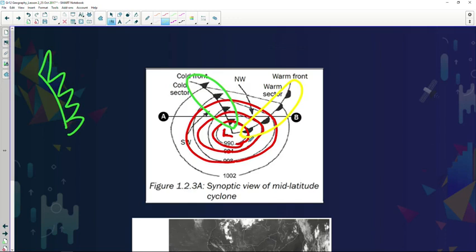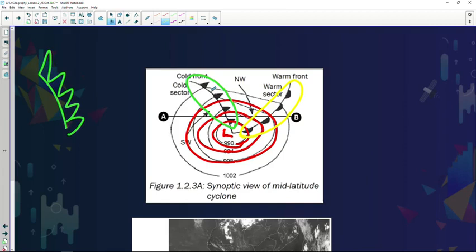We don't see the warm front in southern Africa because, as I've mentioned before, it happens too far down south. Like I explained before, this cold front, like cops and robbers, tries to catch this warm front. And eventually, when it catches up with it, it's known as the occluded stage.